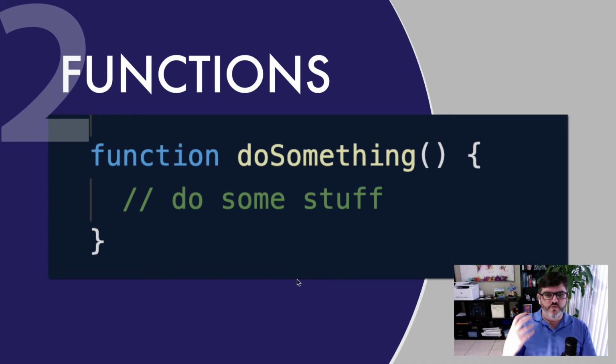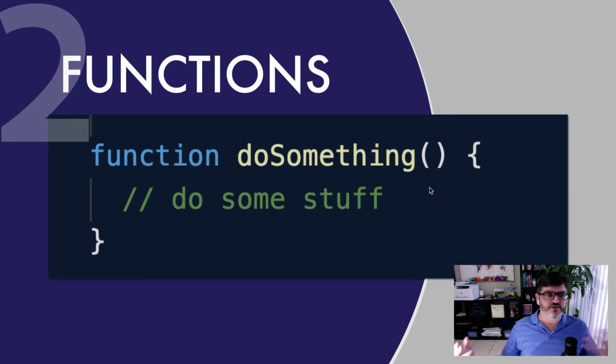So with a function, it's similar to a variable in that, in JavaScript, we just say this is a function, whereas in some languages, we actually have to define whether this function returns something, as we'll get into. But basically in JavaScript, you just say, hey, I'm defining a function, I'm calling it do something, and then we have these open and close parentheses, which you'll see what these are for soon, and then open and close brackets. And inside the brackets is where your function is going to actually do something, right?